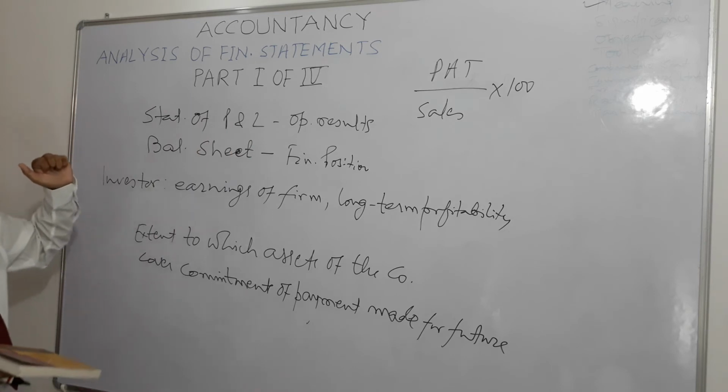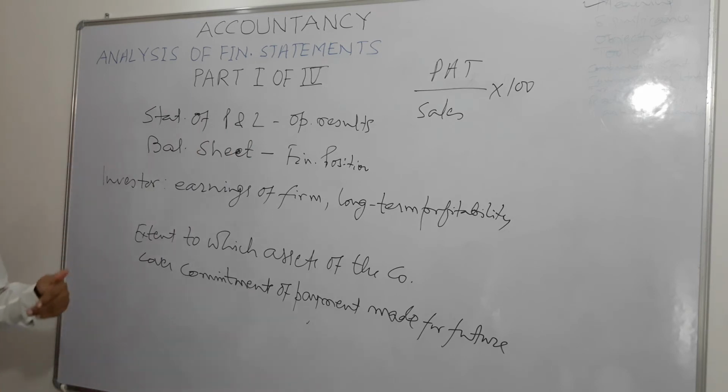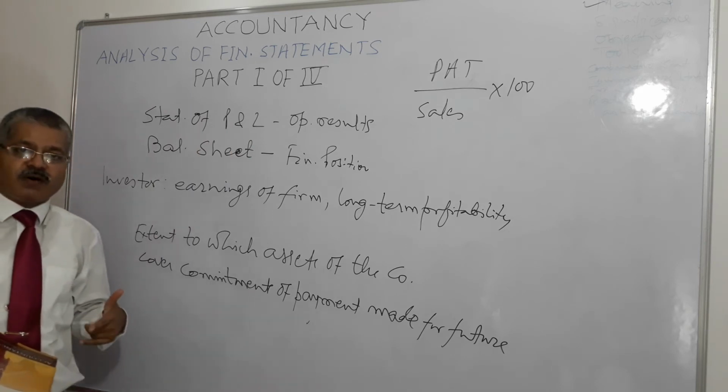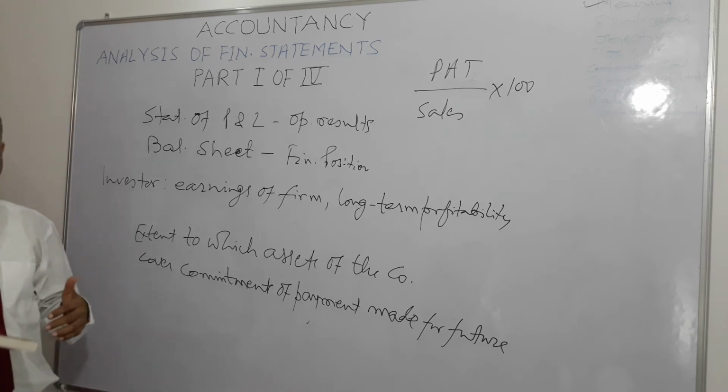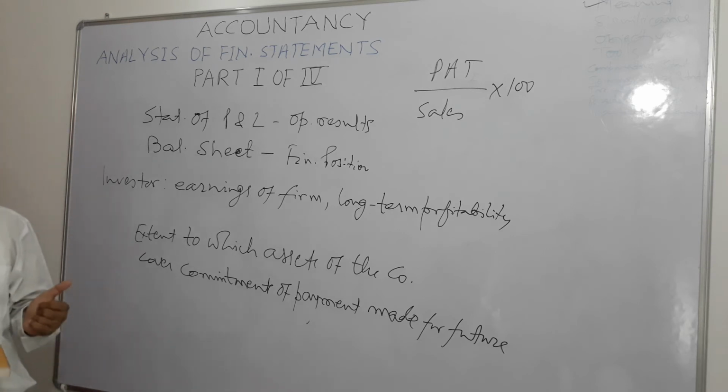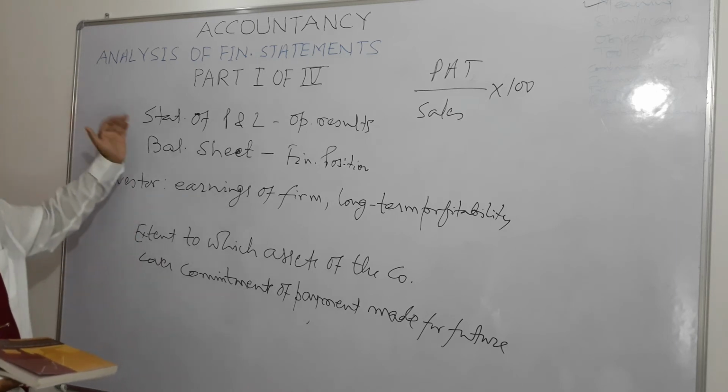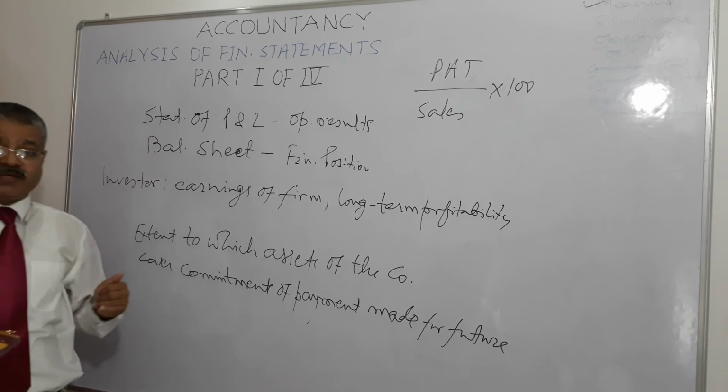Economists. Economists want to know what is the current position of the company and what is the current economic environment. Researchers, people who research, will be interested in the analysis of financial statements of a company.